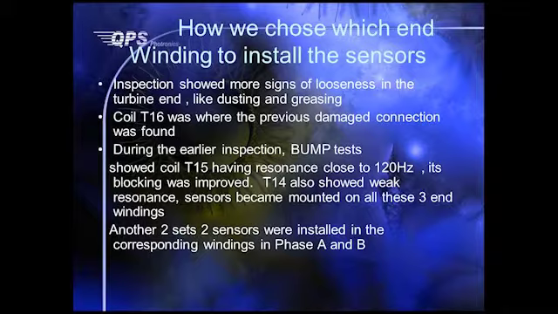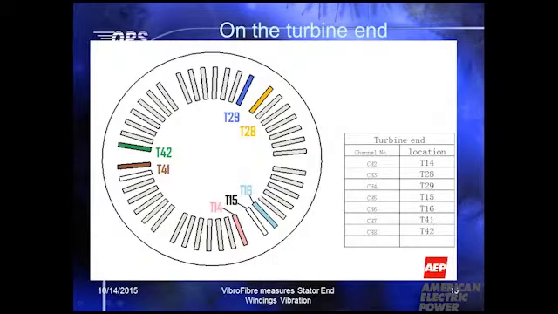And then we placed two sets of two sensors on the corresponding windings in phase A and B. So we have placed basically 7 sensors on the turbine end. Shown here is part of the channel assignment. The user interface of the operating software, called the TG Guard, can assign a channel number to the coil location.